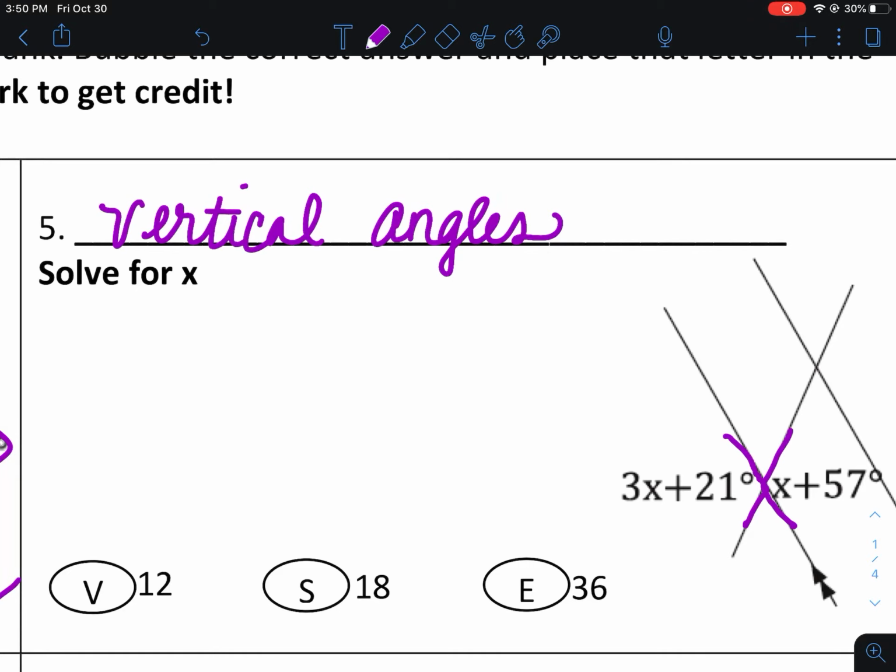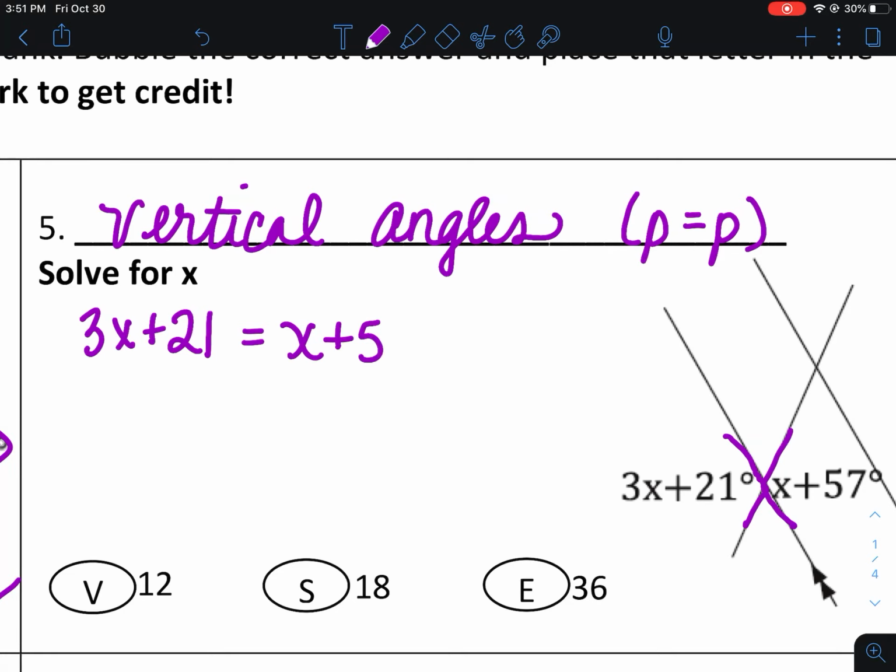Okay, so we know that vertical angles are always equal to each other, so that's part equals part. And if you can't remember, use the notes that I gave you on Friday. So that's going to be 3x plus 21 equals x plus 57.